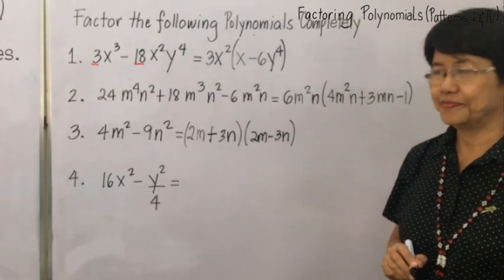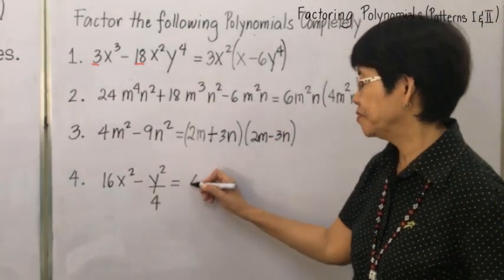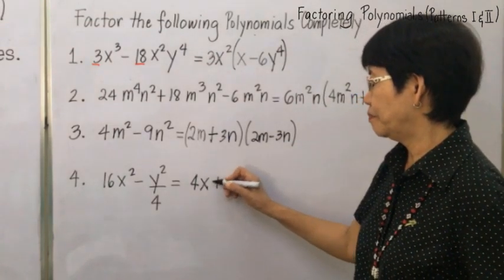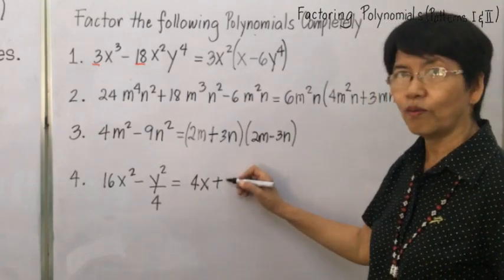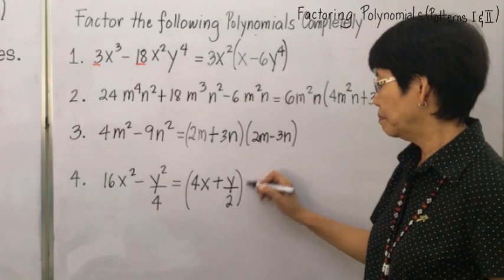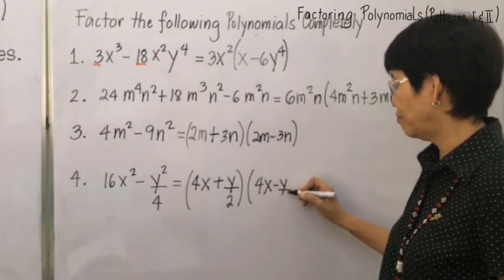That's the answer. And number 4, square root of 16, 4x, plus square root of this, y over 2, 4x minus y over 2.